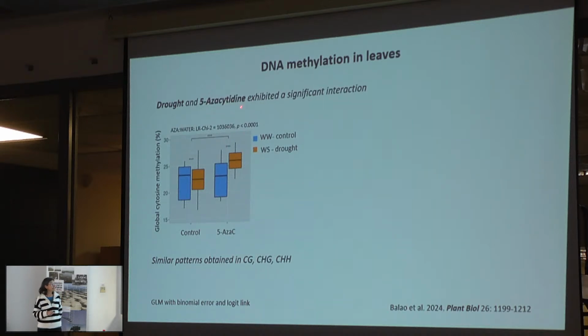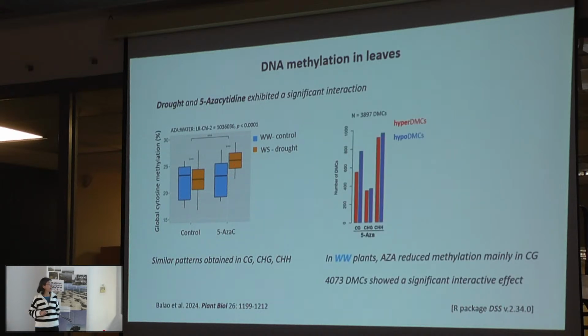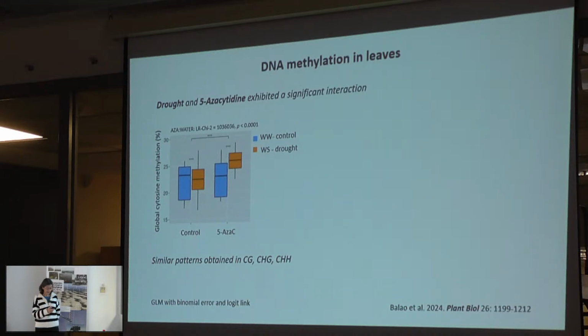Drought and azacitidine exhibit a significant interaction, meaning that the individuals that suffered drought, in yellow here, and were treated with azacitidine at seed stage increased methylation. This was something that we didn't expect, because azacitidine reduces methylation, and drought as a whole also reduces it.